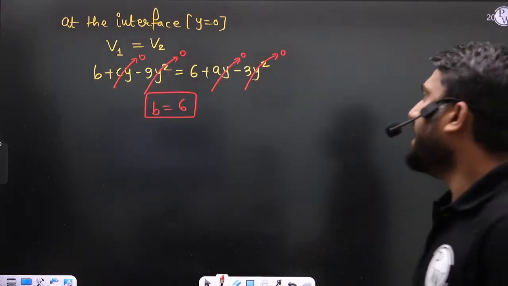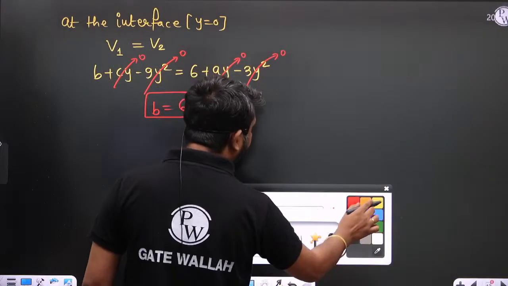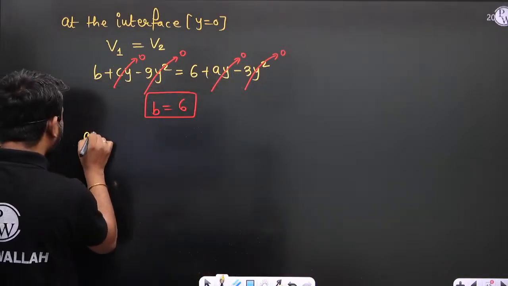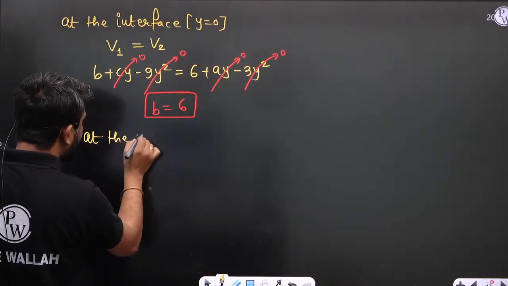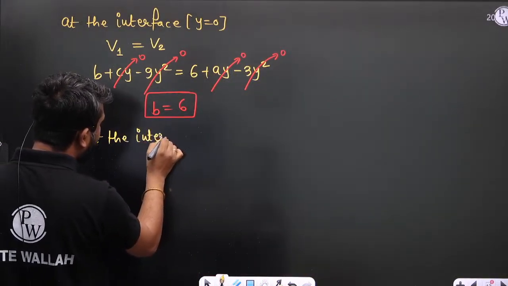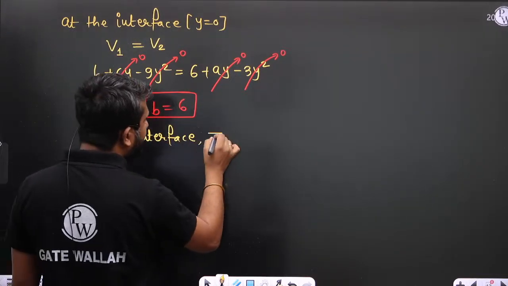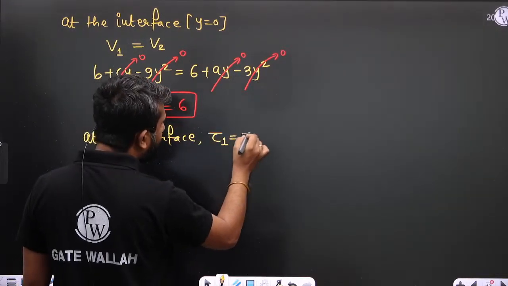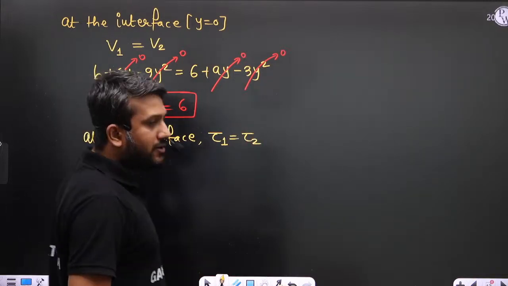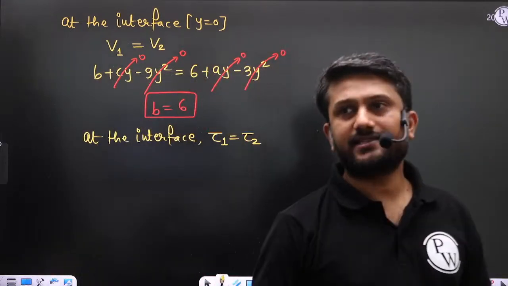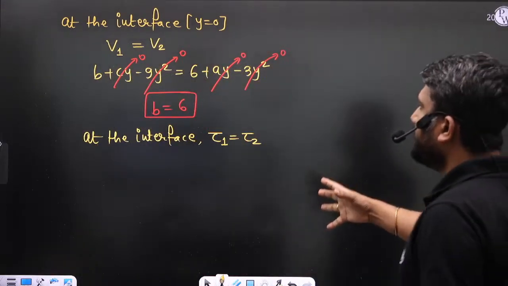Is it clear? Also at the interface we know that tau1 is equal to tau2. Remember this concept, beta?